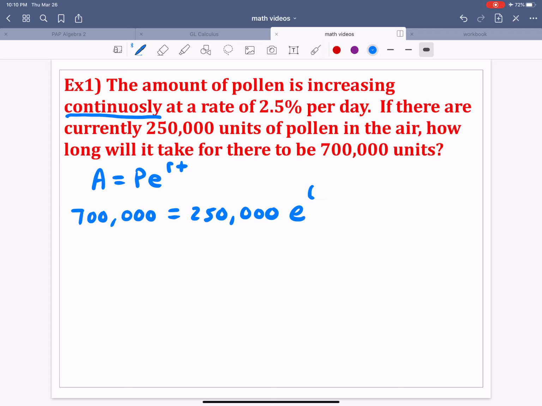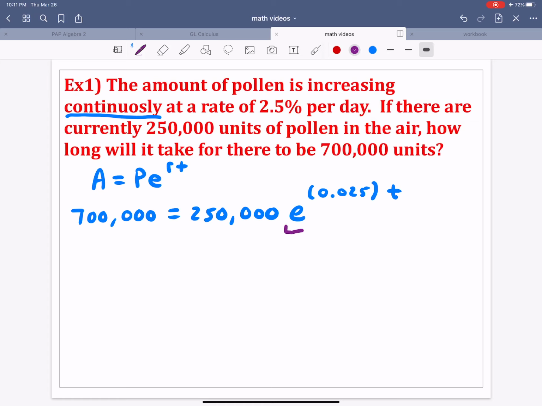Again, it's growth, so it's going to be positive. We're going to write that as a decimal, 0.025, and t is what we're trying to find. We're trying to figure out how long it's going to take for those 250,000 units of pollen to turn into 700,000 units.